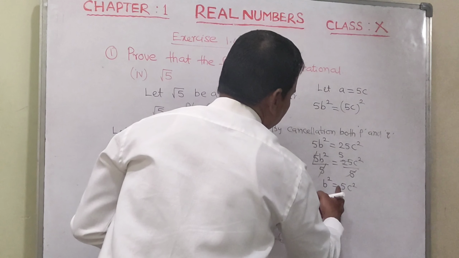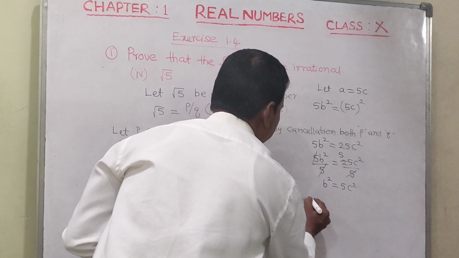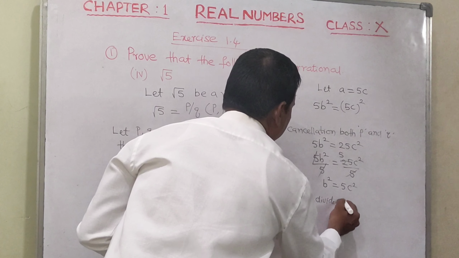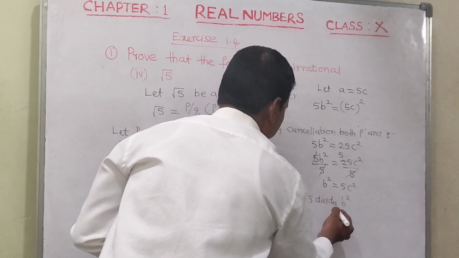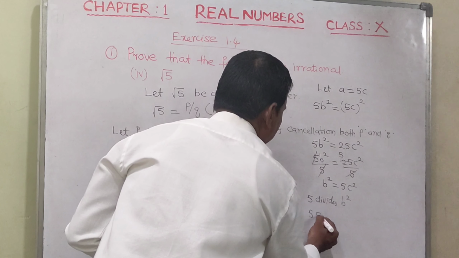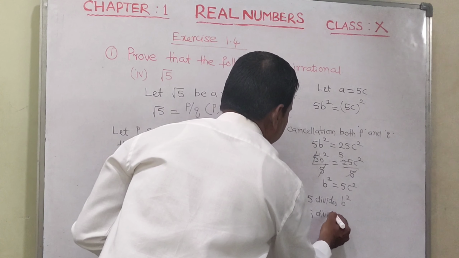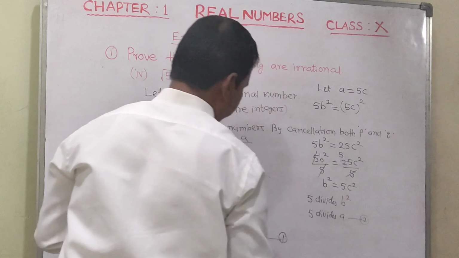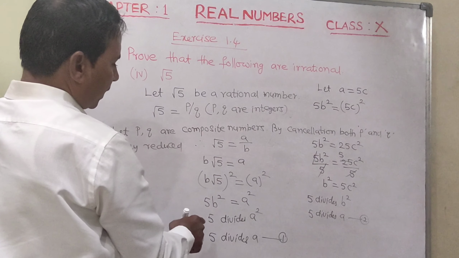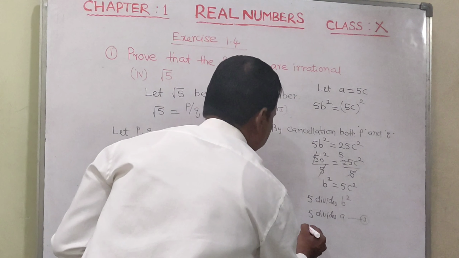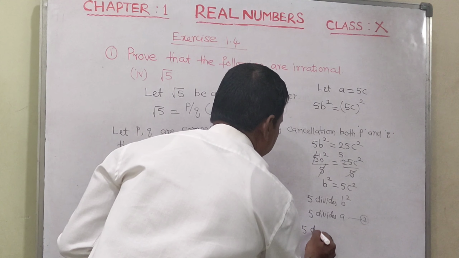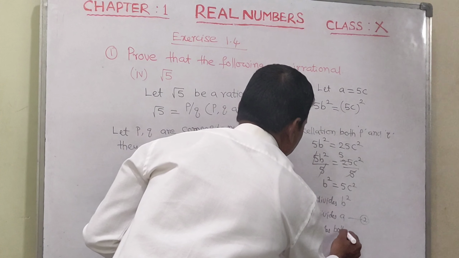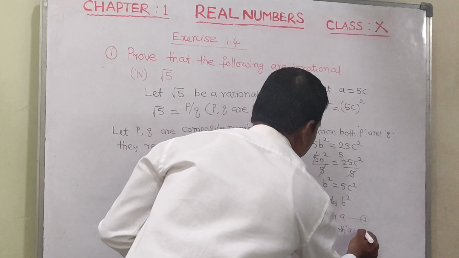It means 5 divides b square. If 5 divides b square, then we can say that 5 divides b. This is the second one. You are seeing that 5 divides both a and b.